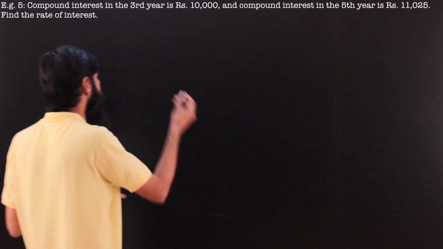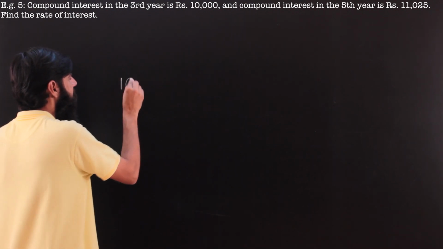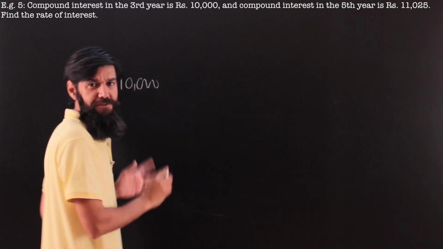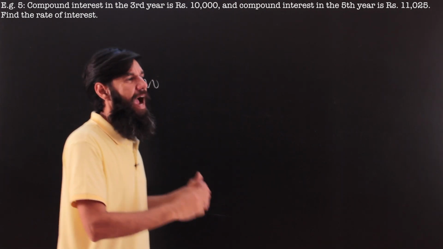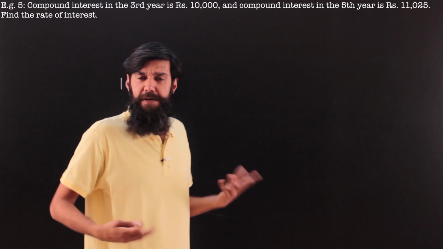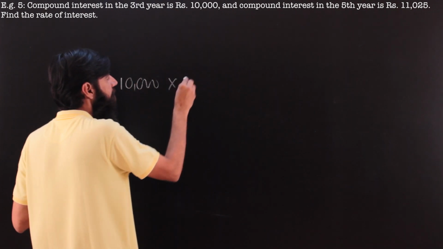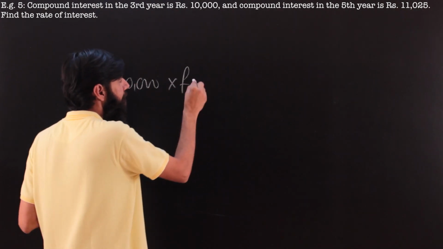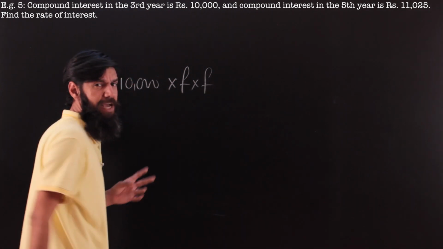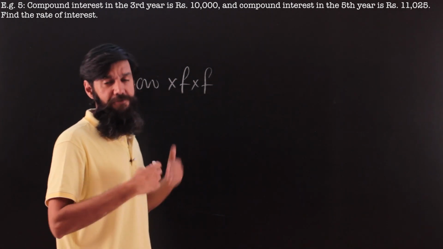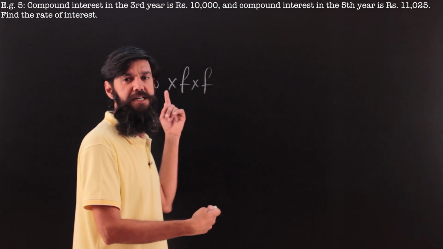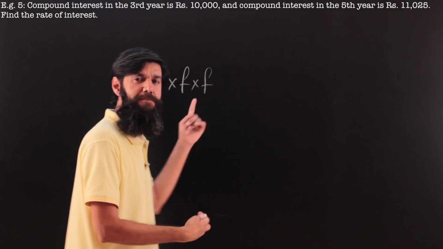Look, if percentages fundas are pretty obvious, this simply means I start with the 10,000, which is the compound interest in the third year, and every year it is increasing at a rate, but I do not know the rate, so I just put in a factor, so it's just multiplied by some multiplying factor, and that multiplying factor appears twice, because from third to fourth year it increases by a certain rate, and fourth to fifth year by the same rate, right?